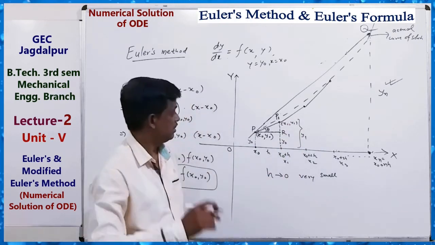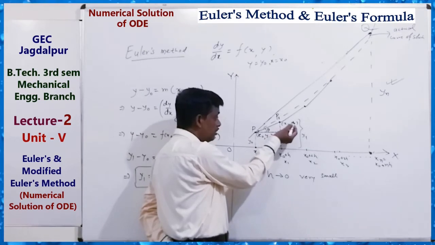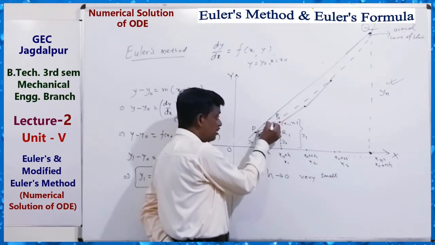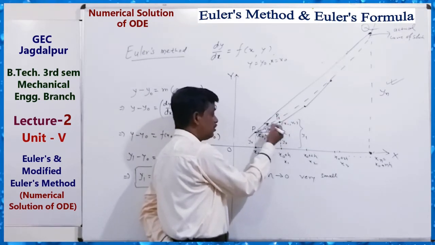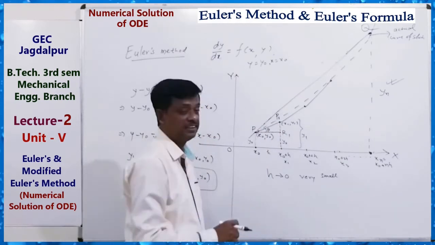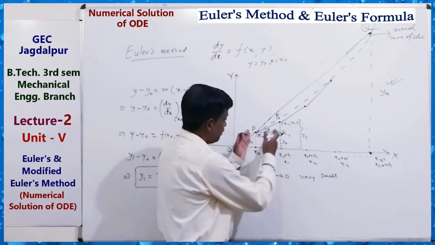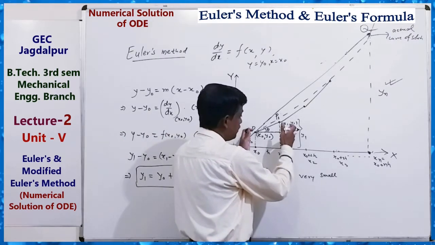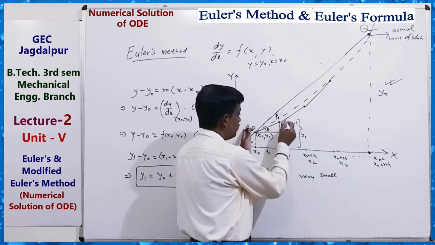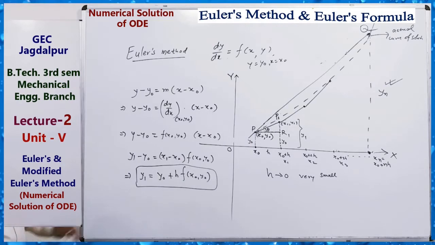Here we can see that if this is the tangent, then if y1 comes to here, that is nearer to the curve. So for that, we can take the average, because in this Euler method, this is the first approximation.